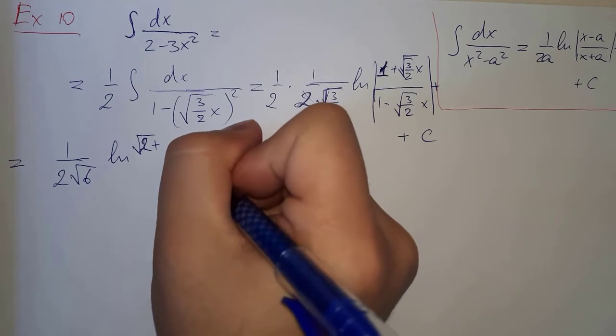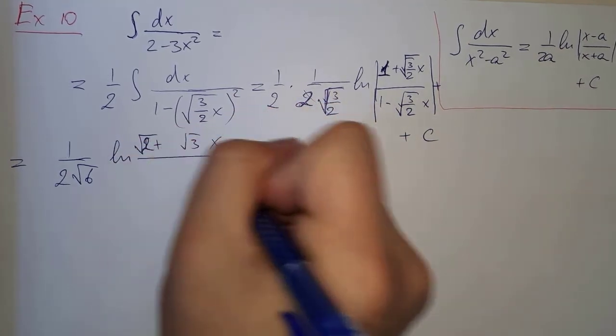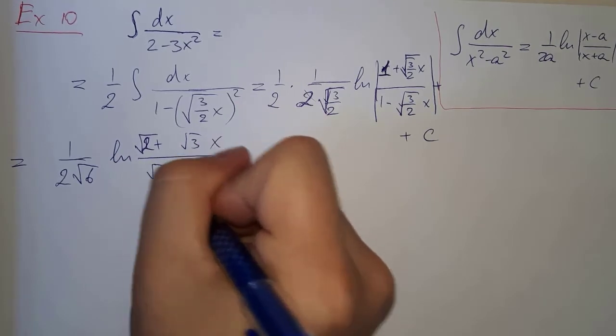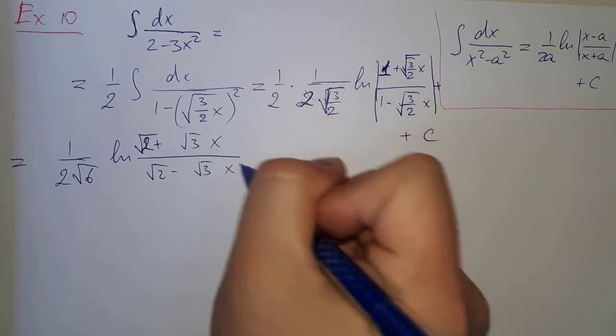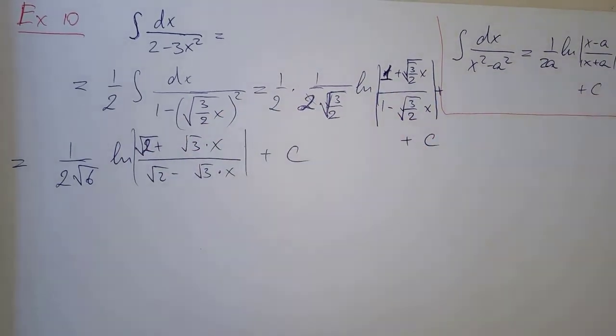So square root of 2 plus square root of 3x over square root of 2 minus square root of 3x, in absolute value, plus c. This is the answer.